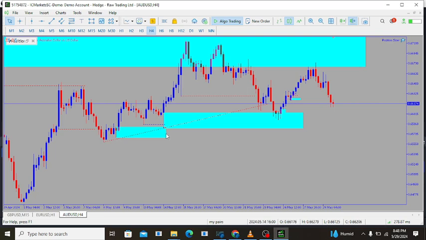Like, there's a reason why I say this is a high probability point of interest. It took out this liquidity. See this internal higher high, higher low, higher high, then it sweeps the low. Yes, before we even go down to lower time frame.